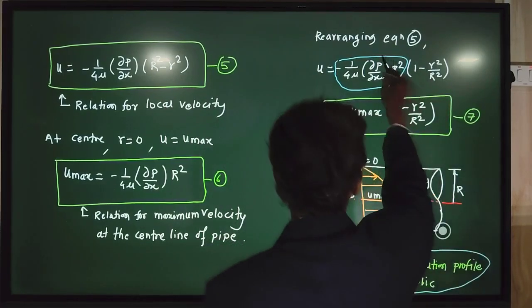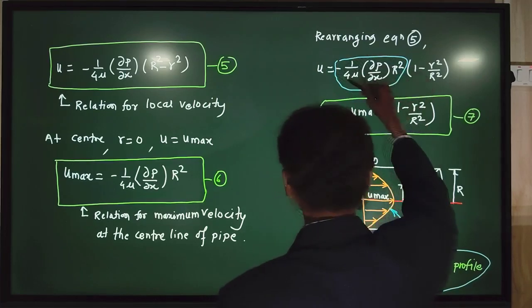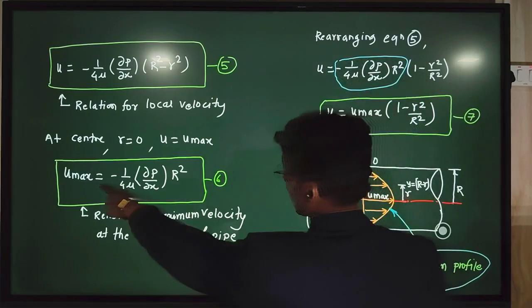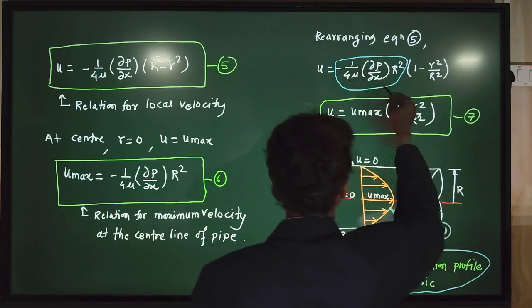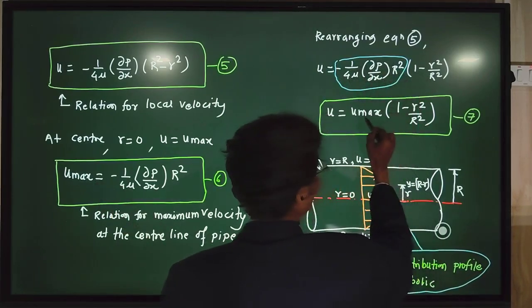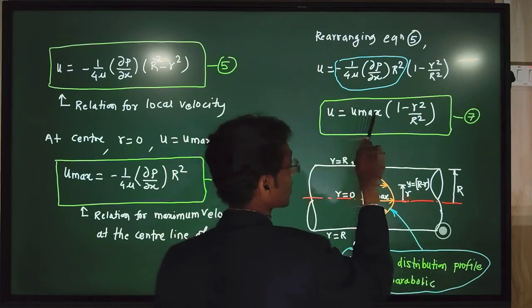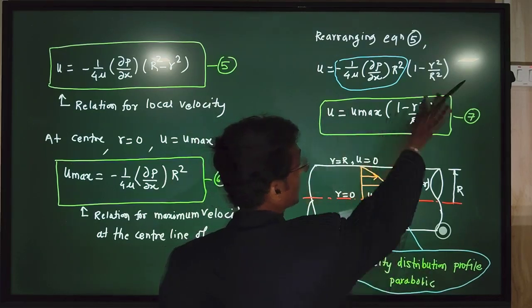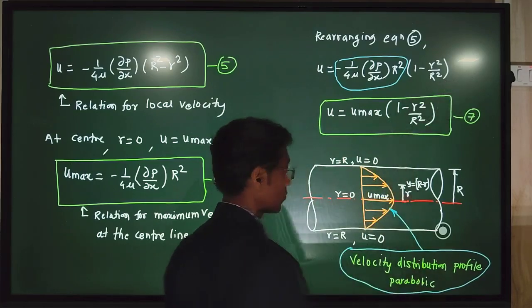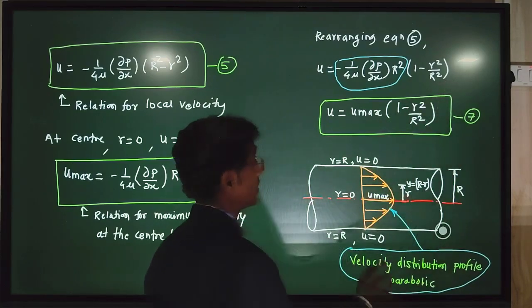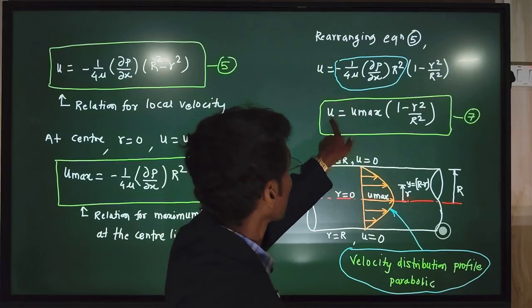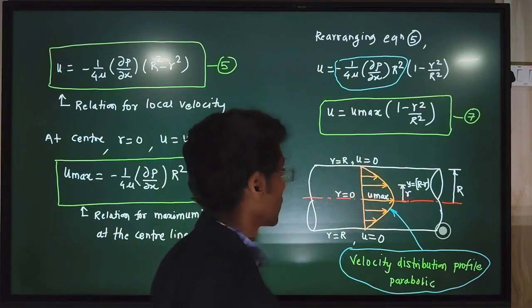So here, if you observe, this covered portion is nothing but U max. So for this covered expression, we use U max. So we find the equation U is equal to U max multiplied by the rest of the bracket as it is. We call this equation number 7. So this is the relation between local velocity and maximum velocity.